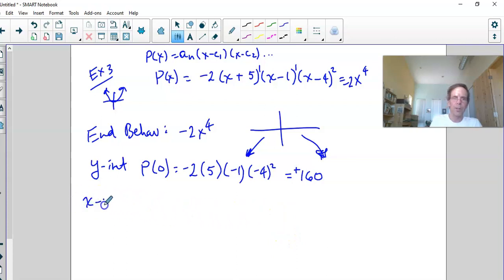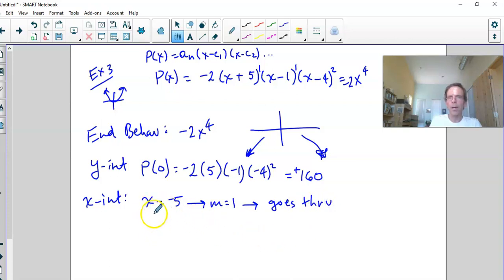All right, and then our x-intercepts, starting from the left up there: x equals -5. That has m equal 1. That means it goes through. And then x equal 1.